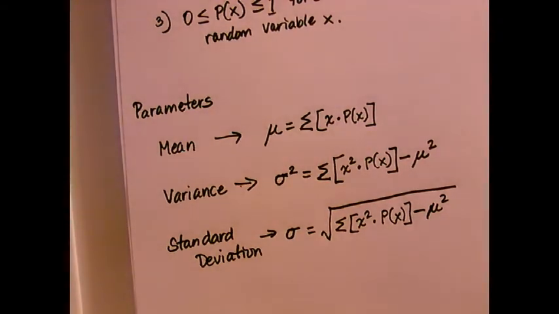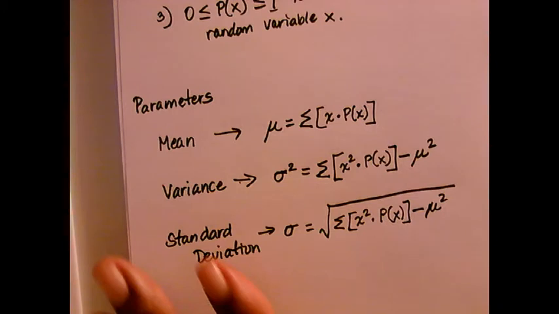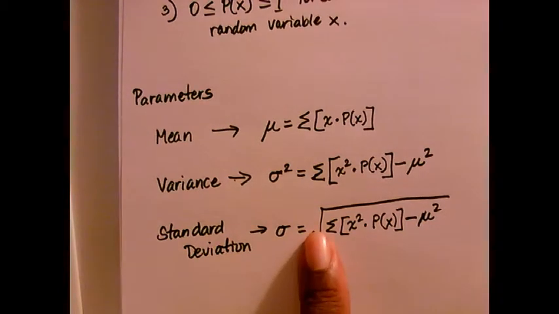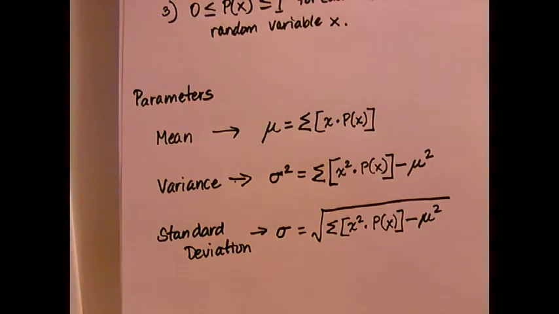Okay. So once you know the variance, the standard deviation, you just simply take the square root. Now in problems like these, you are going to just find the mean and the standard deviation. So for the standard deviation, you'll just use this formula that has the square root. Okay, so now let's look at a few examples of just this.